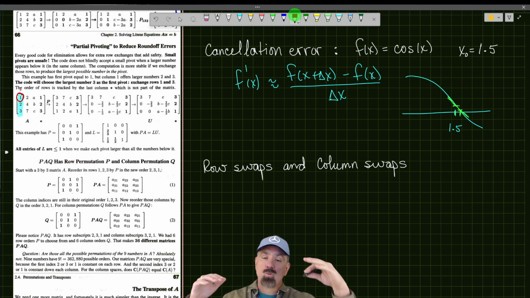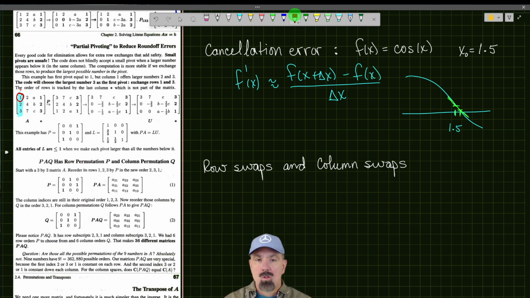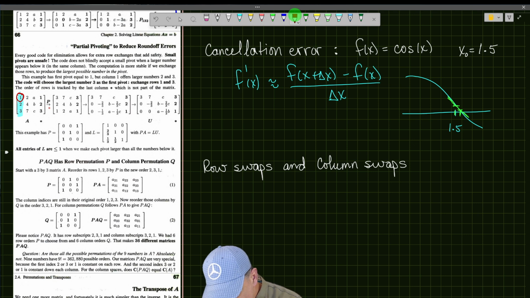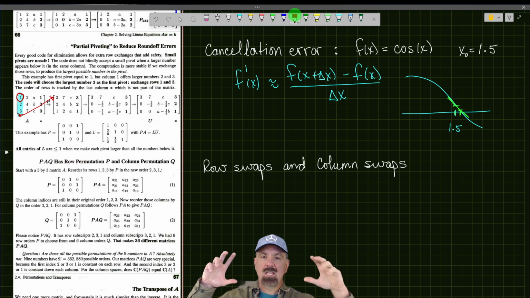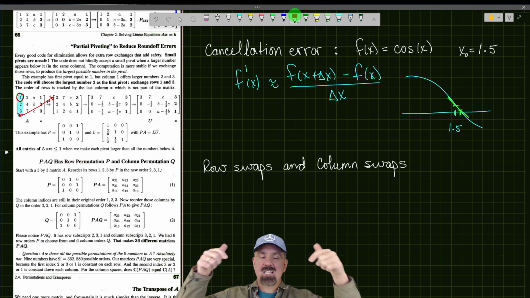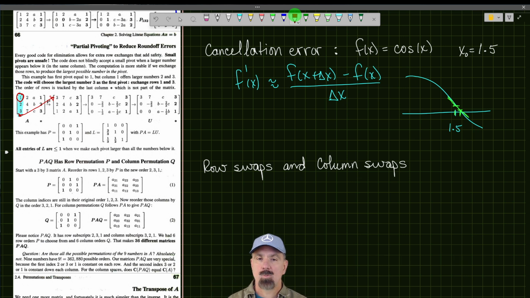That means we're dividing by that 1 value in order to eliminate the 2 and the 3. The most stable approach is to actually take the 3, and that's what he does with this permutation matrix. He takes the 3 and puts it up there. He takes the largest value in each column that's going to be used for elimination, and puts that in as the pivot. That's partial pivoting.